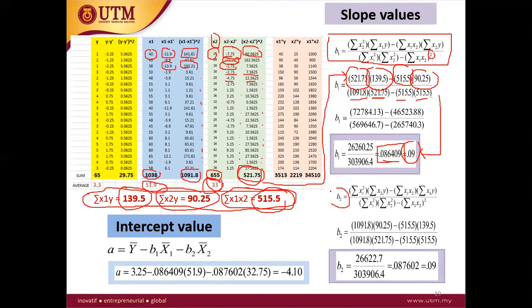We go to B2. B2, the formula is the sum of x1 squared, which is 1091.8. The sum of x2y, 90.25.